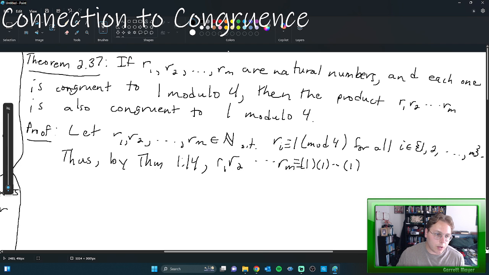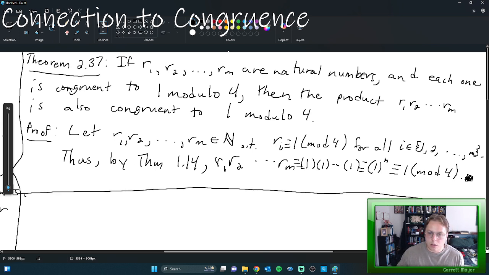Because basically what theorem 1.14 is saying is that in a product you can always substitute something else that it's congruent to, and the new product is still going to be congruent to the original product. So this is congruent to 1 to the power m, which, 1 to any power is just 1, so that product is congruent to 1 mod 4. Okay, so that is that proof.